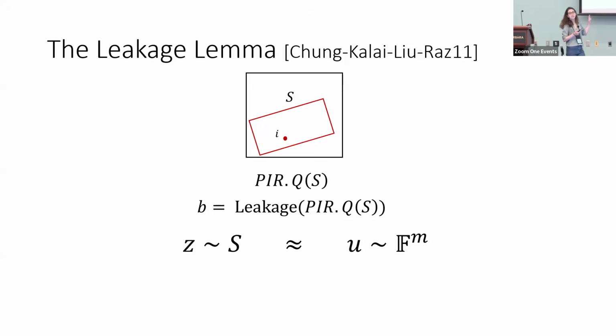Okay, so this is the leakage lemma, and this is exactly what we need to show that the verification bit doesn't leak any extra information on the secret points.